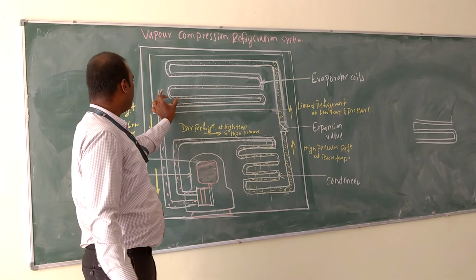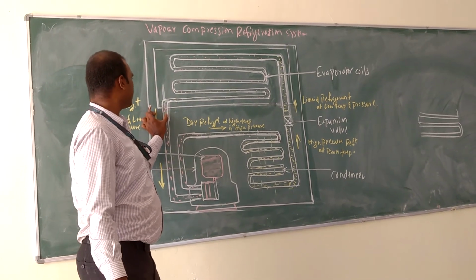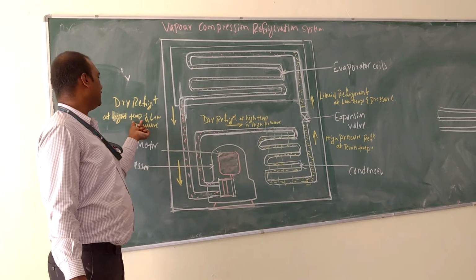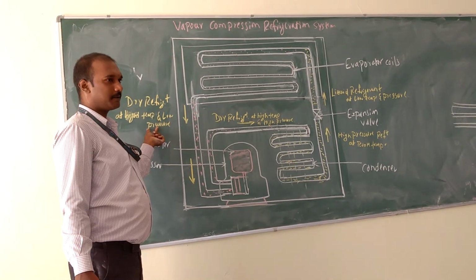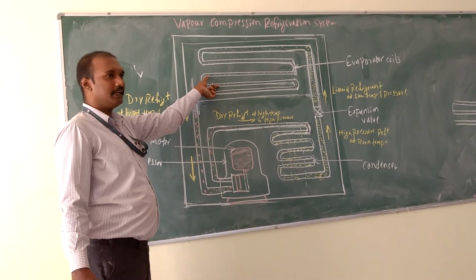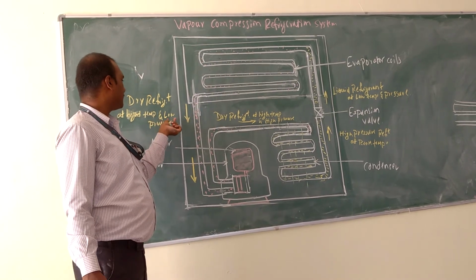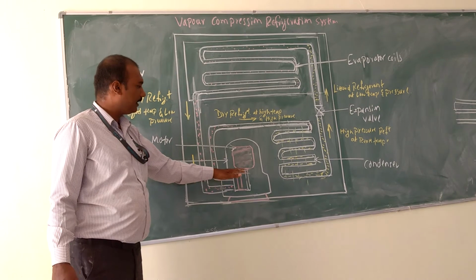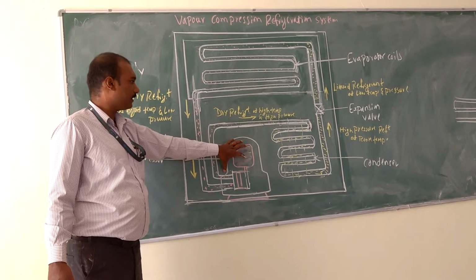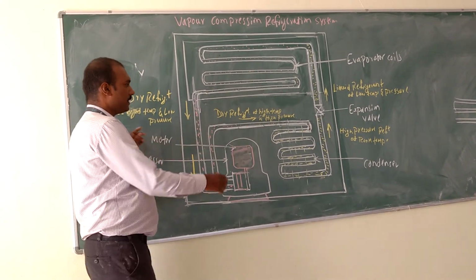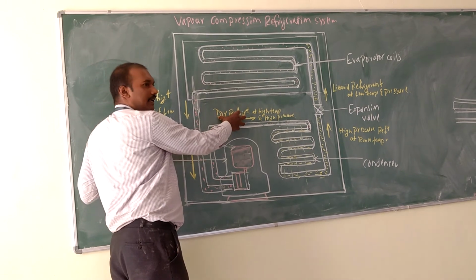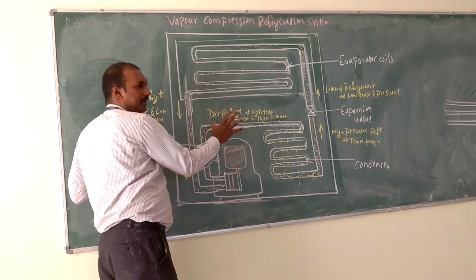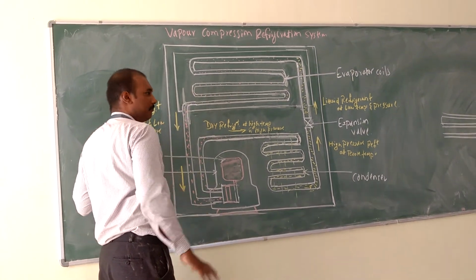When it is exiting from the evaporator coil, what is the condition? Dry refrigerant at high temperature and low pressure. Next, when it is entering the compressor and exiting the compressor, the condition will be dry refrigerant at high pressure, high temperature.